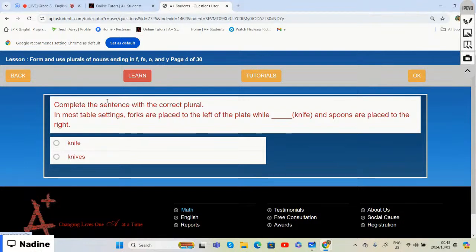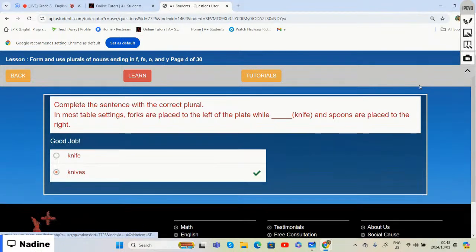And if we were to choose the correct option, we will say two or more knives.